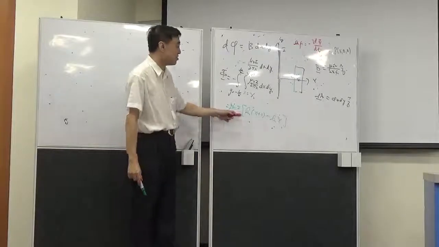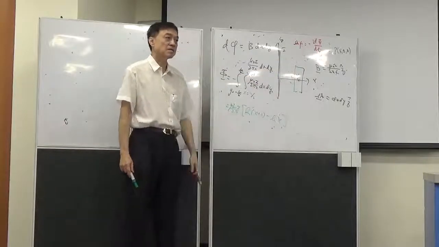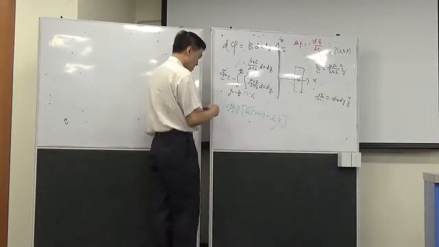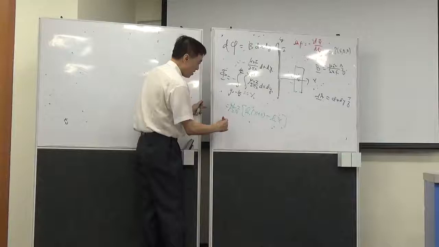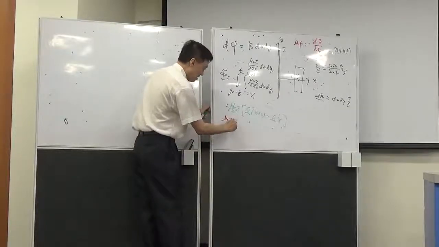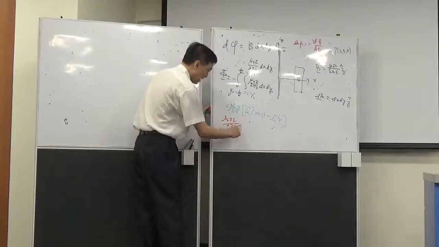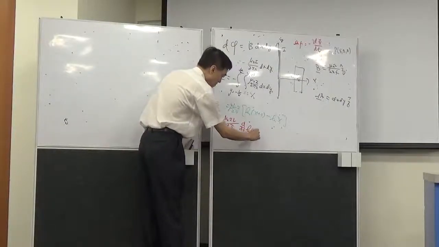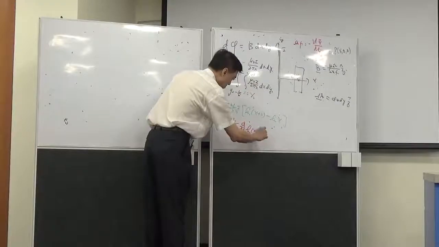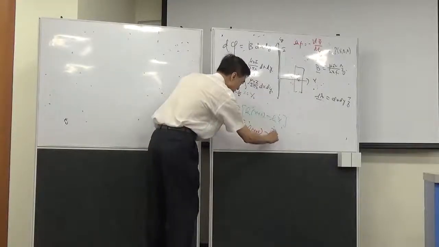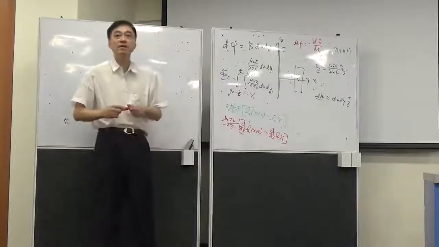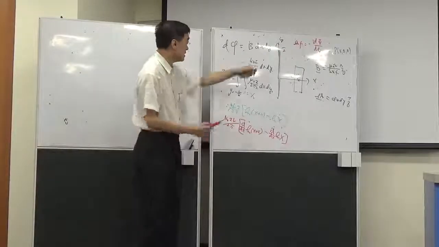Now you have to differentiate with respect to t. Differentiating this with respect to t, what you get is mu naught I L over 2 pi, d/dt of log(x plus s) minus d/dt of log x, with a minus sign there.